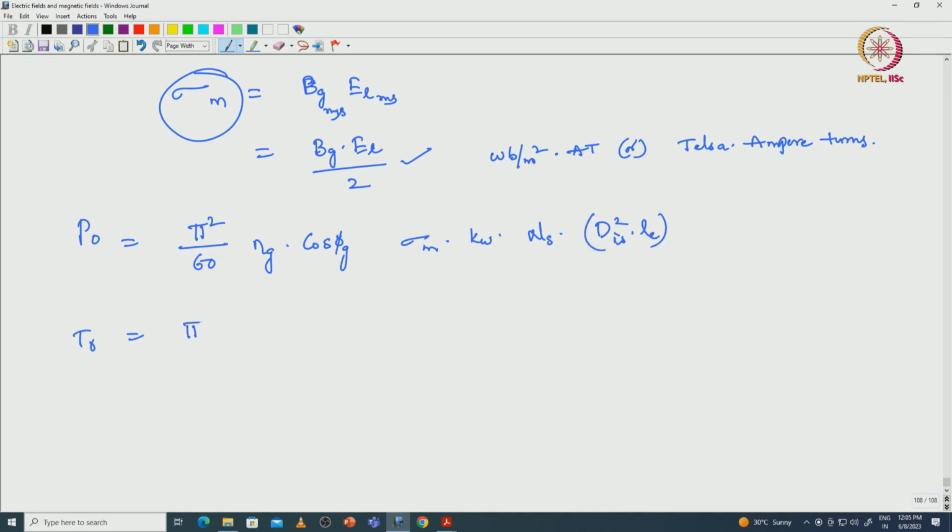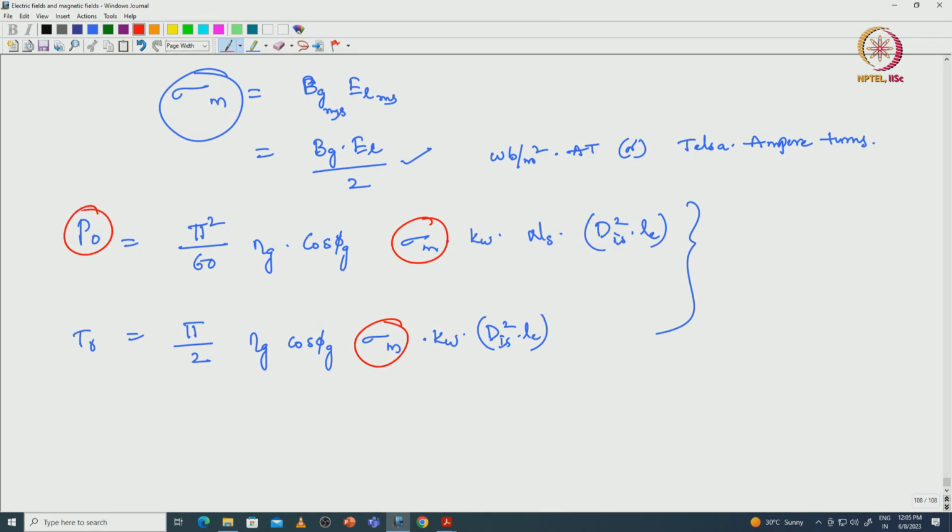Similarly, the torque equation is pi by 2 times efficiency, cos phi g, magnetic shear stress, winding factor and volume. So, from these two equations, in terms of magnetic shear stress, we can see the output power and output torque.